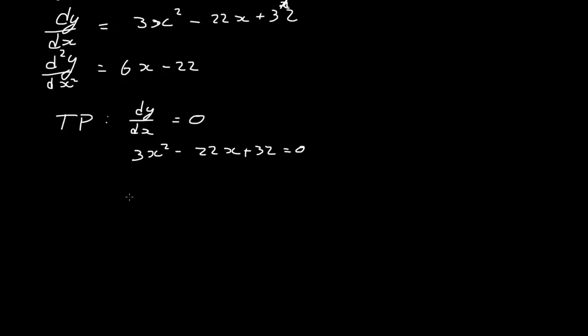On my calculator I press mode, equation, then number 3, which is the quadratic, and then I enter my coefficients, which are 3, minus 22, and 32, and solve that. Obviously, if you don't have the calculator, you would use the formula x1, x2 equals negative b plus or minus the square root of b squared minus 4ac over 2a.